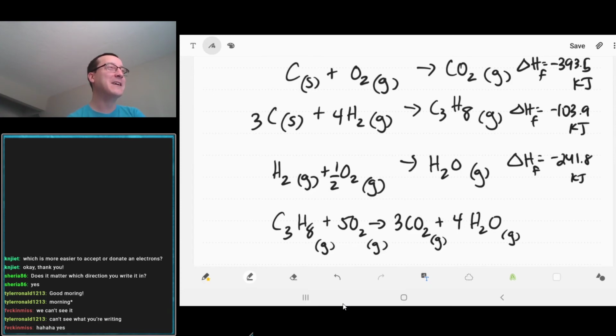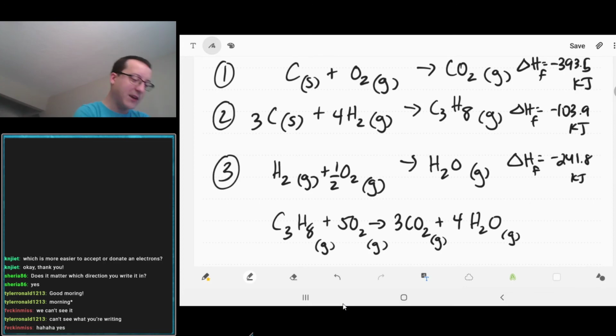So same idea. Okay, let's go ahead, and I realize these are all in the same color and it's going to be a total mess. Here's reaction 1, reaction 2, reaction 3. It doesn't matter what order or which one is number one, as we know, we're going to add them up anyway. So we want to see what we have to do to make this reaction.